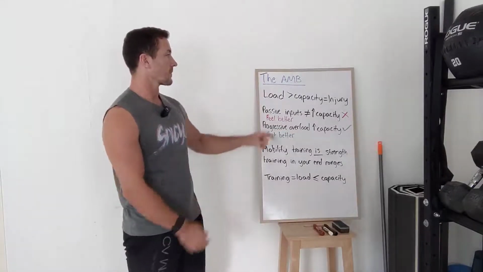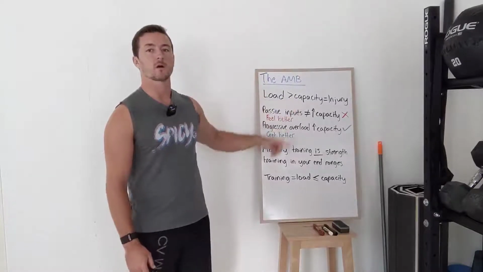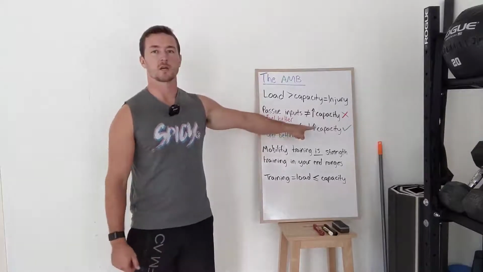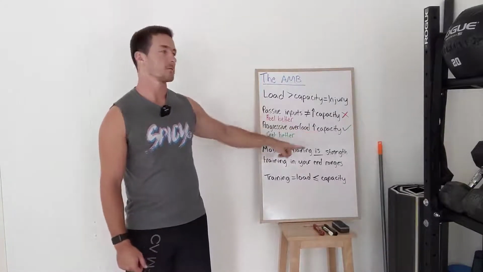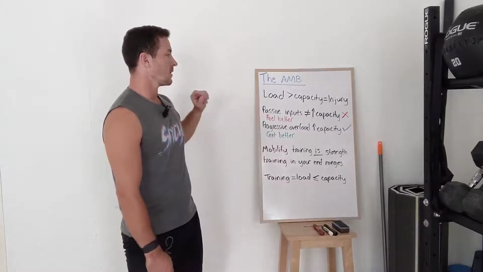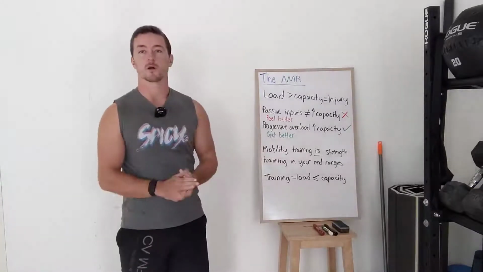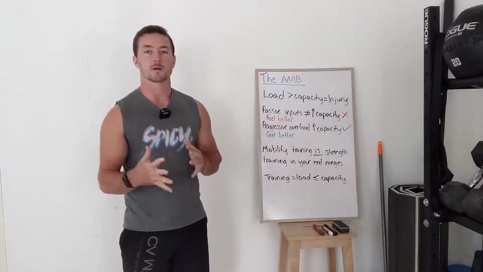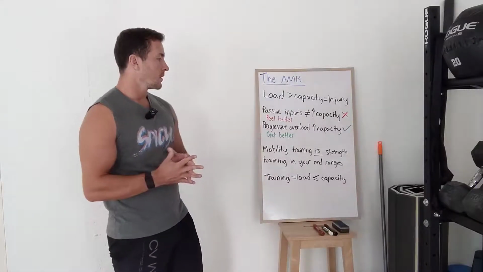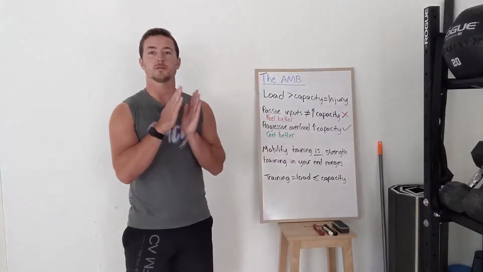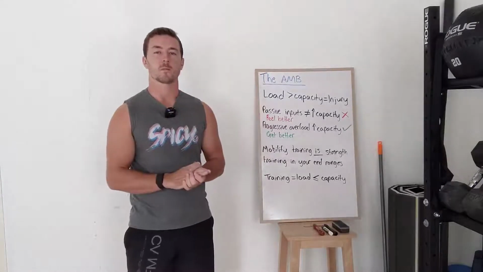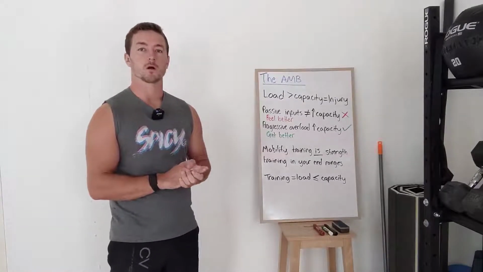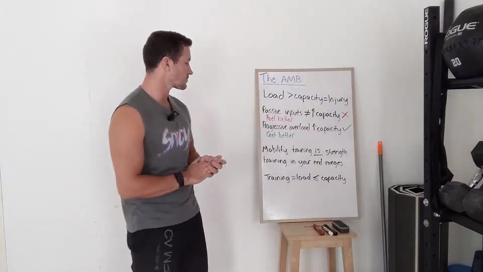Okay, so how do we do this? How do we increase our capacity? Well, the only way of doing that is strength training, progressive overload. Just like if we're trying to improve our back squat and we're going about it in a smart way, we're going to work somewhere between, say, 70 and 100% of our 1 rep max. We're going to make sure we get enough rest in between our training sessions.